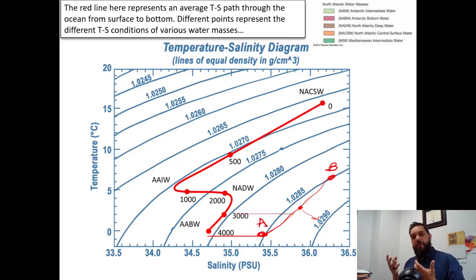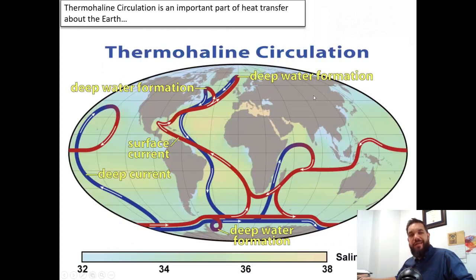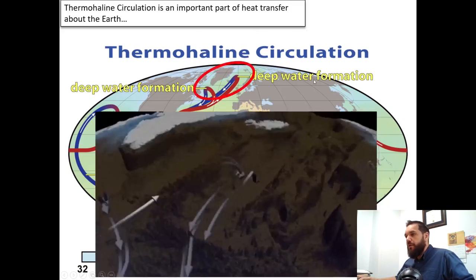What I'm trying to show you is that through mixing of waters with different salinities and different temperatures, you can produce a denser water that ends up sinking. So you can get a sinking, downwelling current just by mixing waters of different temperatures and salinities. Thermohaline currents are an important part of heat transfer along Earth.